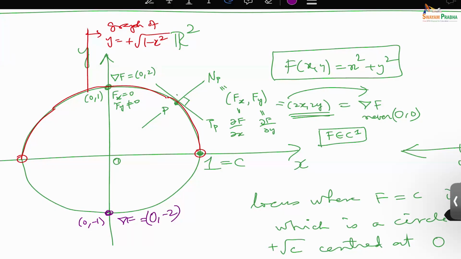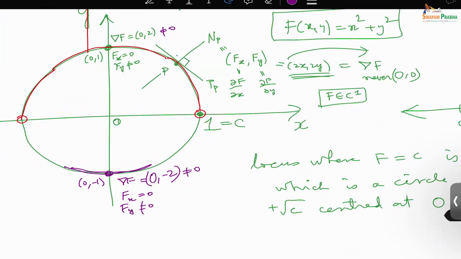And that is of course not 0. So you see the gradient is not 0 here. Of course, it's not 0 throughout. But the point is, look at what fx is. Fx here is again 0, and fy is not equal to 0. Fy is minus 2. And watch again. If you take this portion of the curve, this is writable as the graph of a function of a real variable.